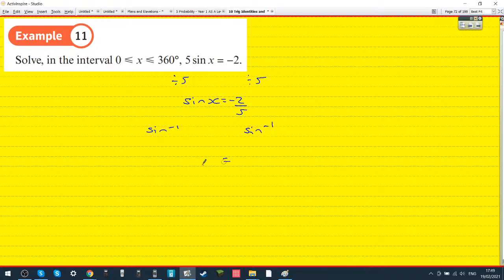Minus 23.6. So plus 180, that'll be for your third answer. How about the second answer?